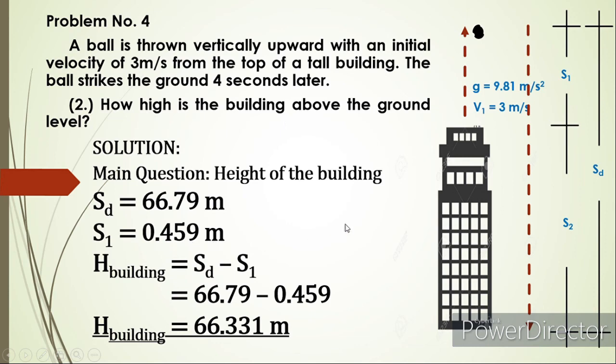So kung titingnan natin yung figure, simple equation, height ng building or the S2 is equal to SD minus S1 will result to 66.331 meters. Ibig sabihin, yung building natin ay 66.331 meters. Question. Mahirap? Kayang-kaya yan.